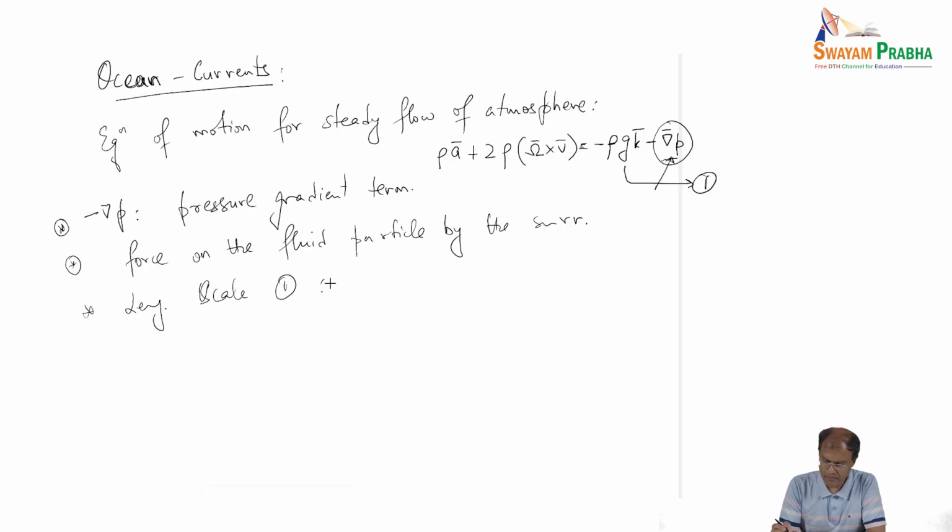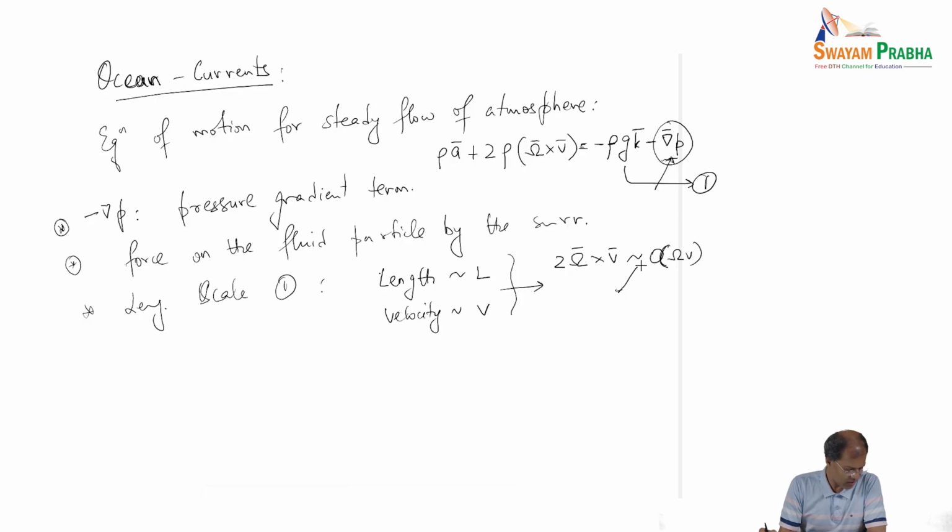Let us say that the length scale associated with the flow is L, and the velocity scale is V. So we see that the Coriolis effect is going to be 2 omega cross V, which is order omega V. That's the Coriolis effect, and the order of the acceleration term will be V square by L, right?